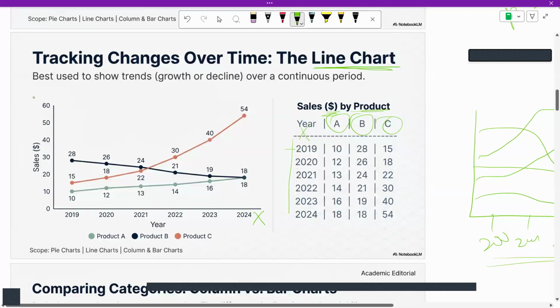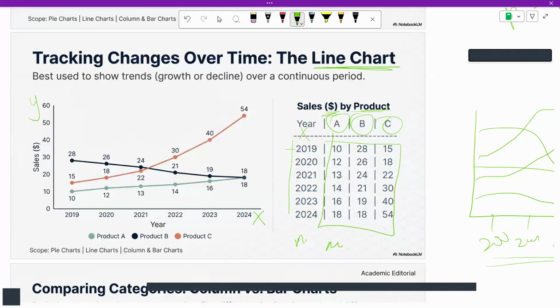on the y-axis. When we draw, we have to decide what the minimum number and the maximum number are. We have to place all three products in one graph, one chart, so we have to decide the highest value and the minimum value.